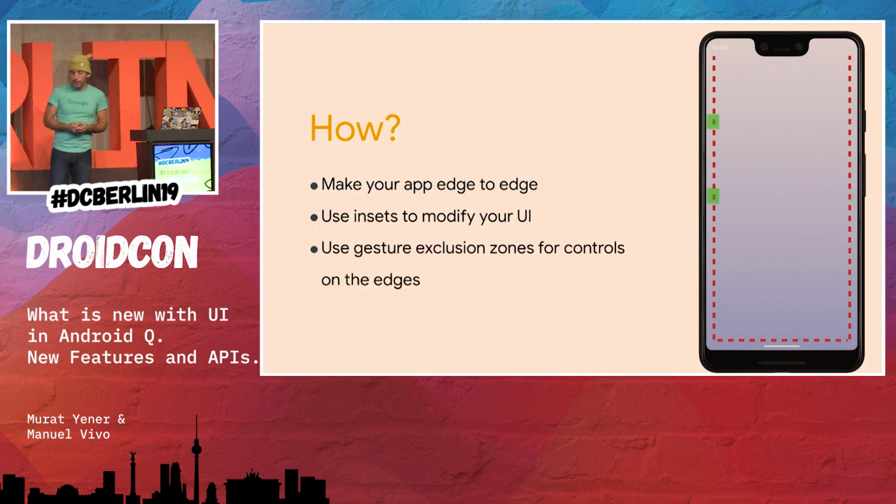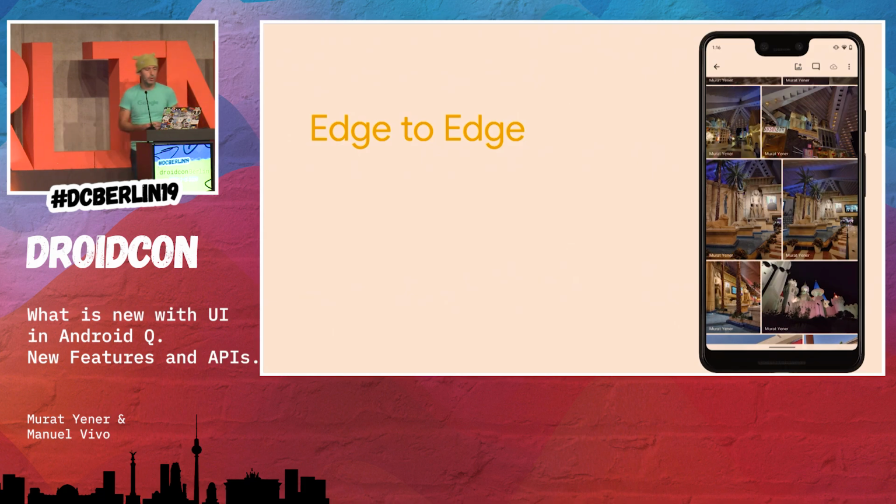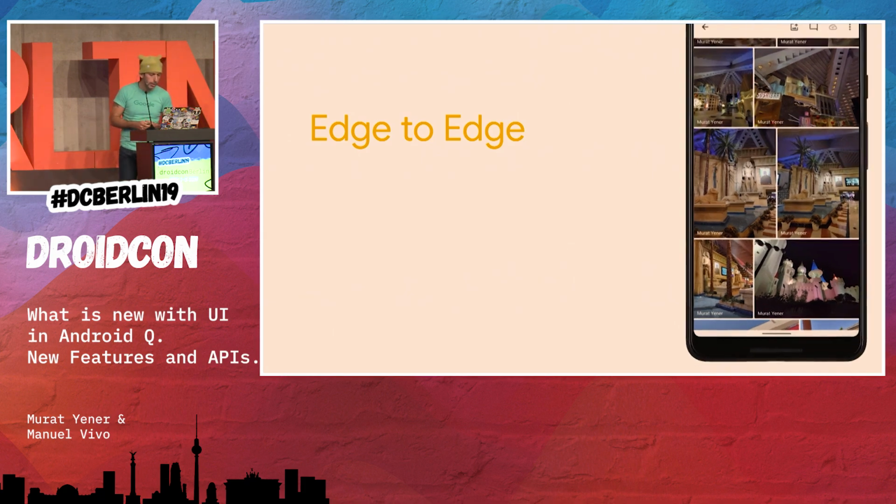And finally, if you still have some controls which need to stay in the gesture zones, we have a new API called the Gesture Exclusion Rects API, which basically opts out those small rectangles from the back gesture, so your controls continue working. Let's first focus on edge-to-edge and see it in more detail.